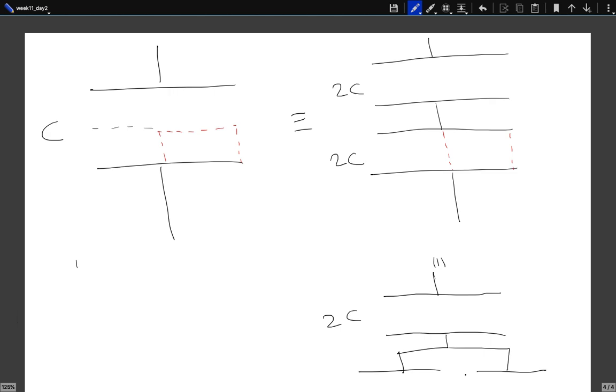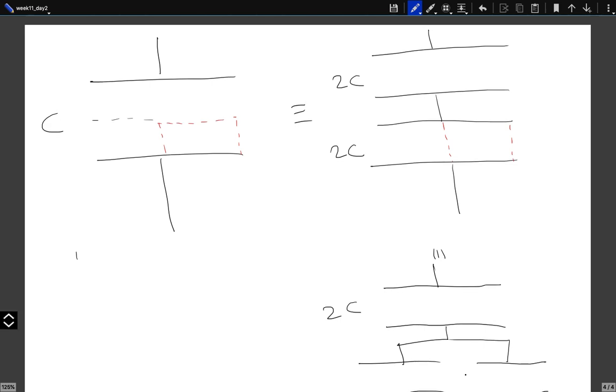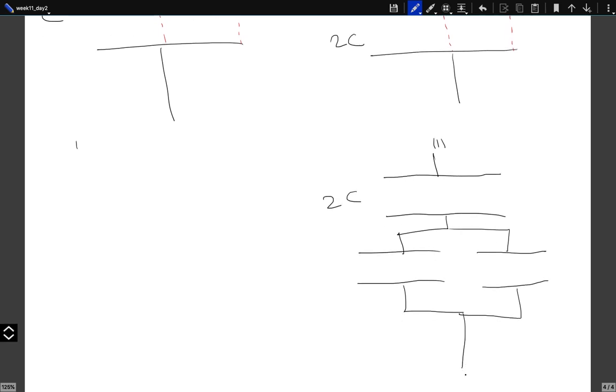In the original case, all of this plate is at the same potential. Over here also, everything is at the same potential because they are connected by resistorless wires. And what is the capacitance of this capacitor? So that the sum will have the total capacitance 2C. This one has capacitance C. The other one has capacitance C.